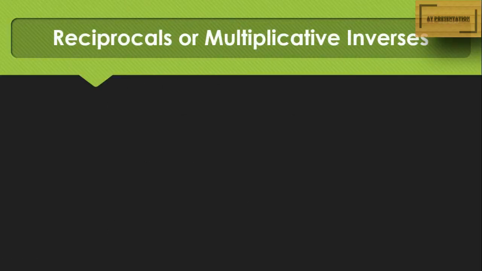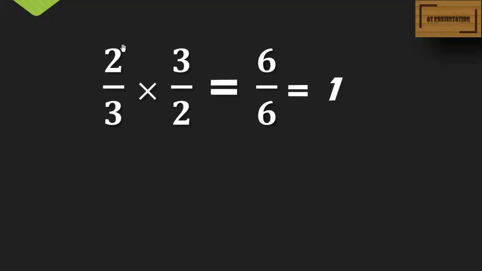The next point is reciprocals or multiplicative inverse. Students, the inverse of any fraction is said to be its reciprocal or multiplicative inverse. So for 2 upon 3, the reciprocal is 3 upon 2.